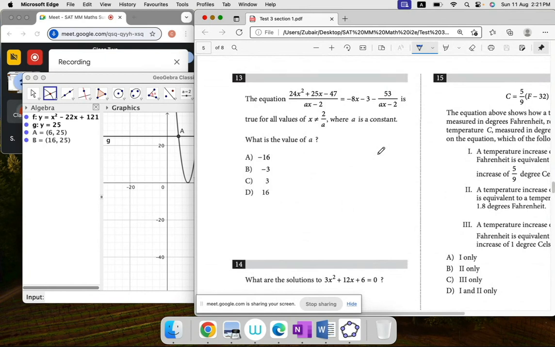The equation is true for all values of x, where x is not equal to 2 over a, where a is a constant. What is the value of a?